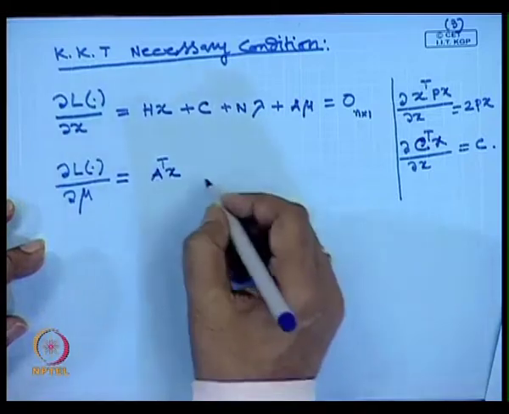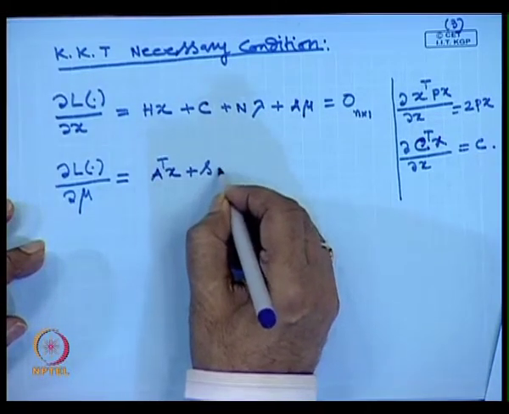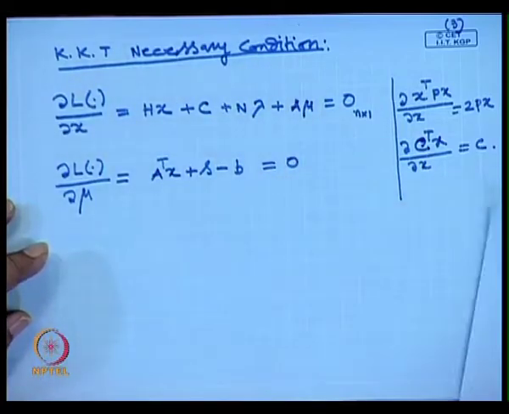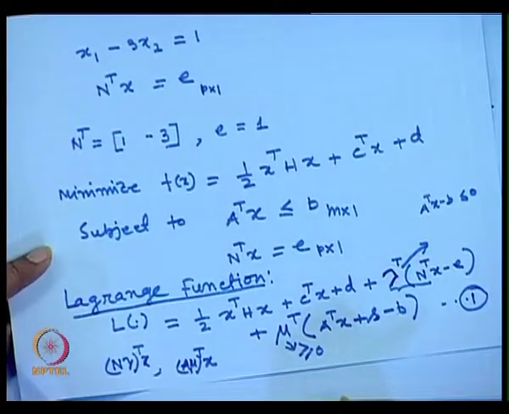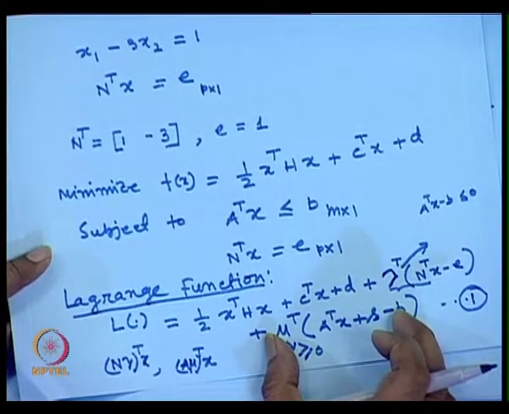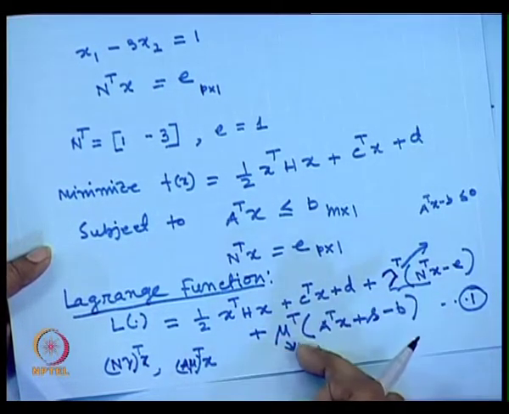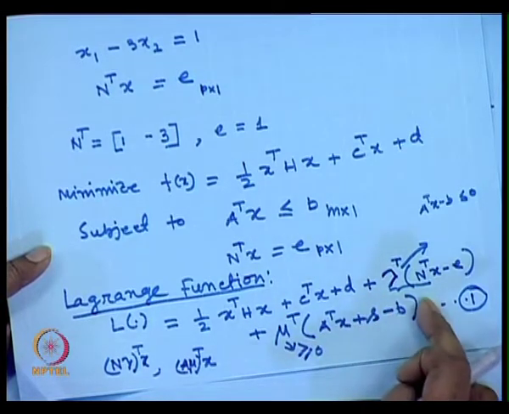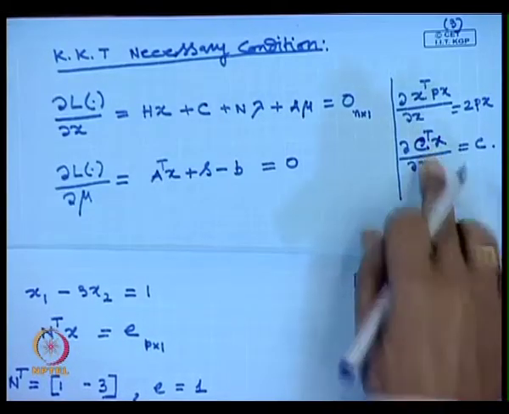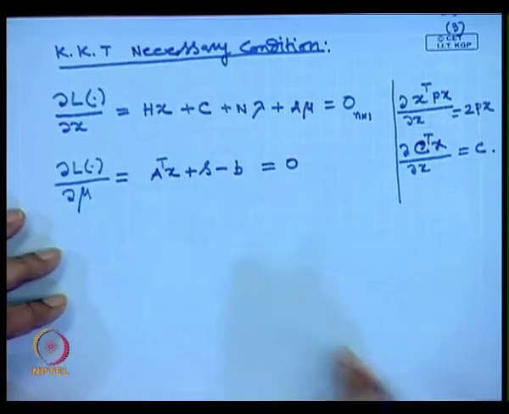Since this is a scalar quantity, you can take the transpose on both sides, then differentiate with respect to mu using that property.